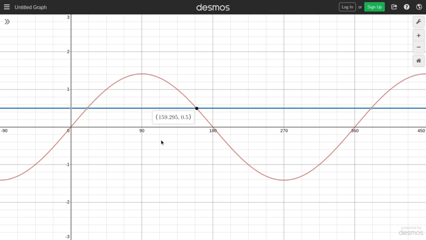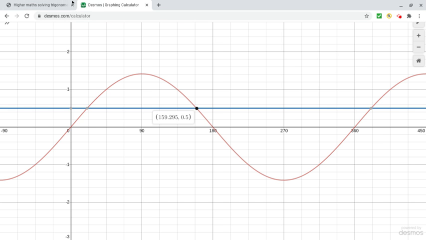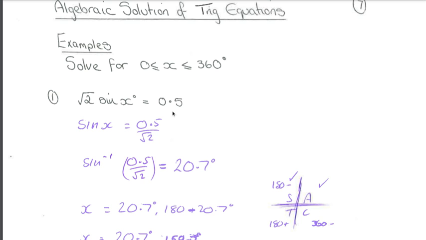And if it was a negative value for sine x, that's why we do 180 plus or 360 minus, because we'd calculate this value first, and then from the symmetry of the graph, we know it would be a height of negative 1/2 at this point and at this point. So essentially all we're trying to do is find out when the sine curve is at the height of whatever value we're given in the question, and in this question it is 1/2.